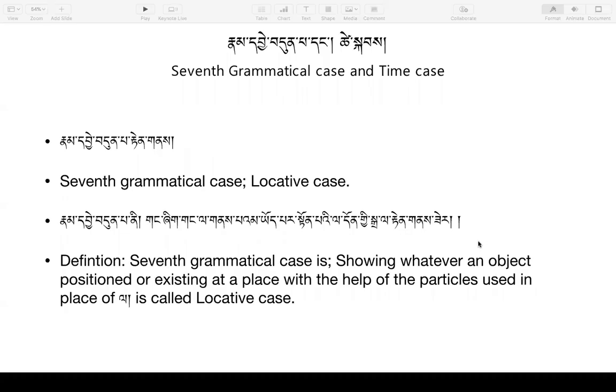We must understand these two, kang, which is a general particle. So kang is a general particle which can be used as what, which, when, where.